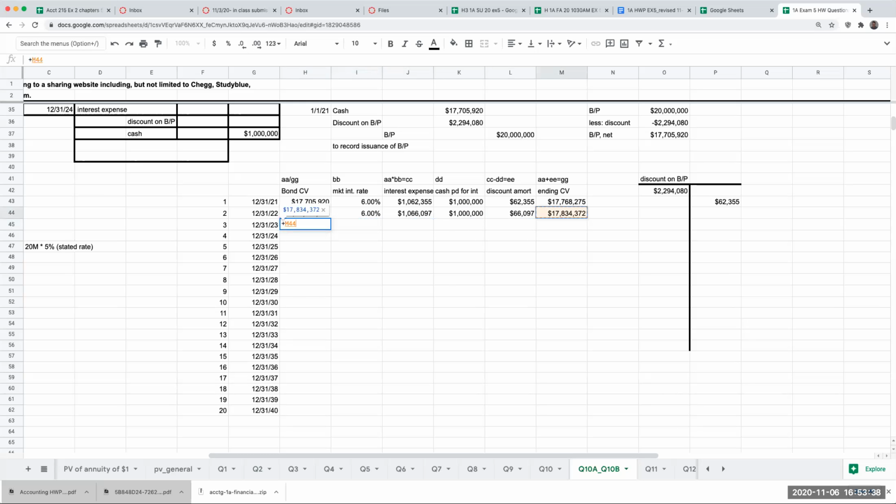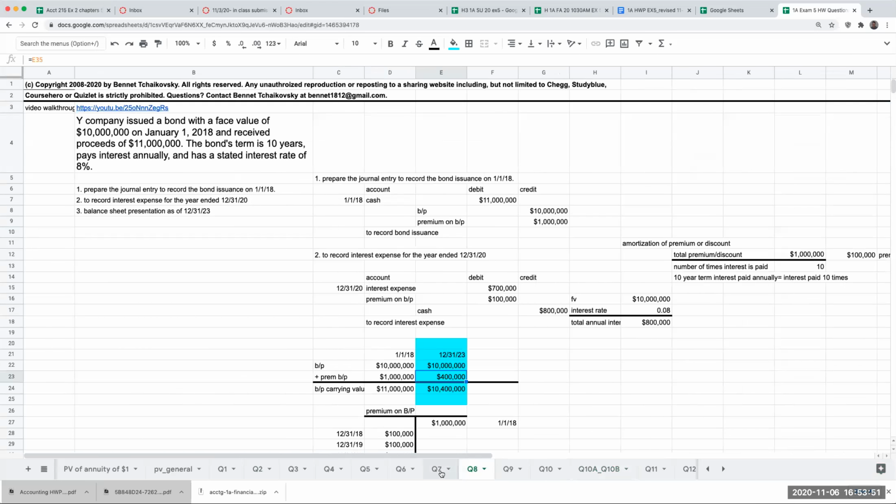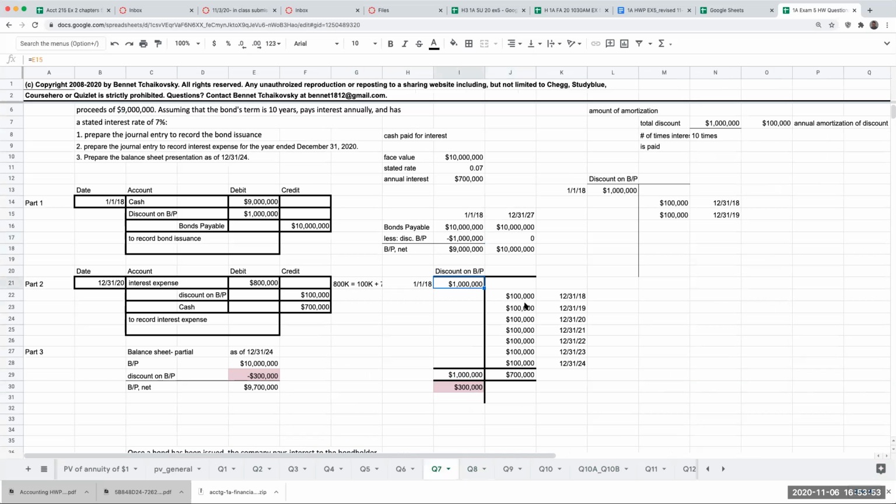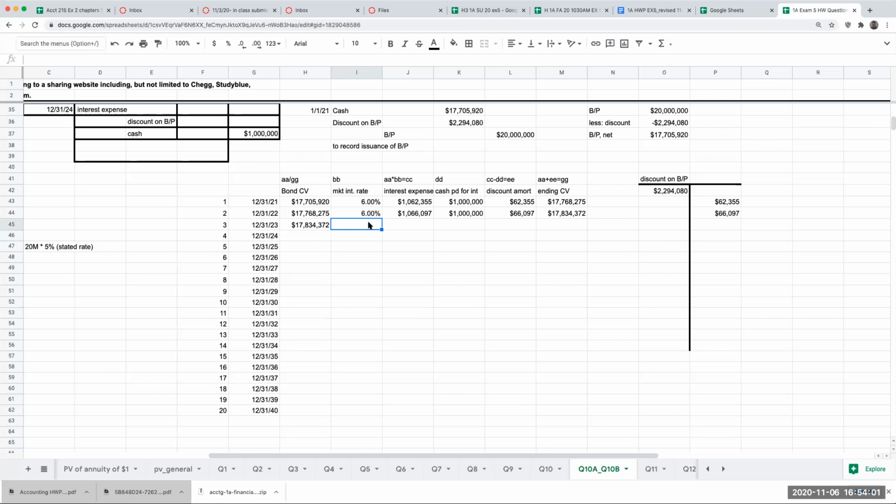So now I come over here to my next year, and I've also gone through and amortized my discount. Remember, this process is kind of the same that we were going through and doing over here, right? Except that in this case, the amount of the discount's always going to be the same. But over here, because we're doing effective interest, it's going to be a little bit different.